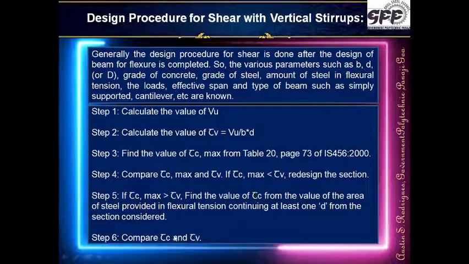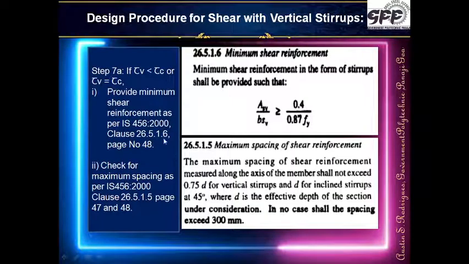Having got the value of tau C, now compare tau C with tau V. Earlier we had compared tau C max and tau V. Now we are comparing tau C and tau V. If tau V is less than tau C, if the external acting shear stress is less than the capability of the beam, or at most equal to the capability of the beam, then the code says provide minimum shear reinforcement.